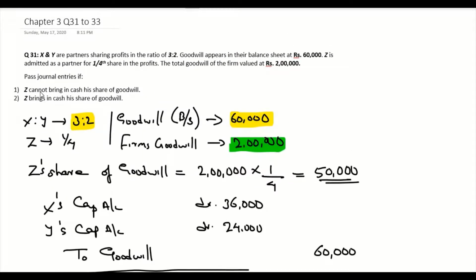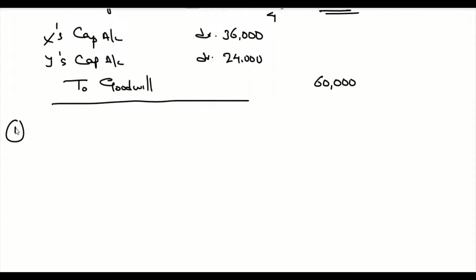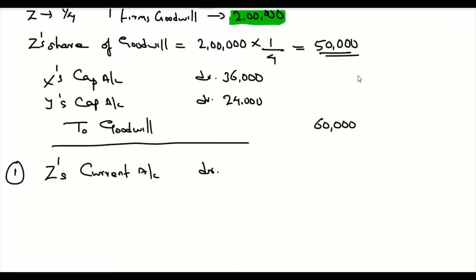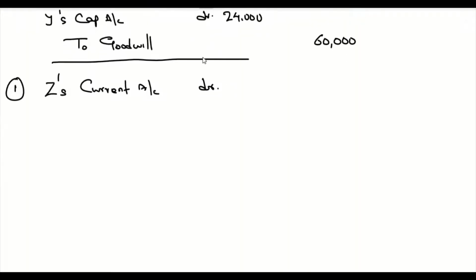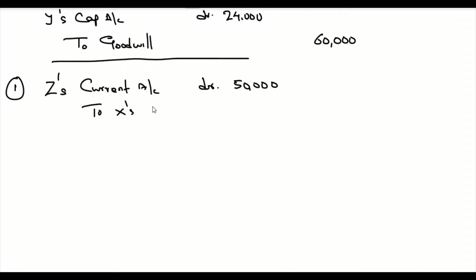In the first case, Z cannot bring in cash as his share of goodwill. So if the new partner is not bringing in cash, his current account will be debited. So Z's current account debit. We already calculated his share of goodwill, which is 50,000, to old partners' capital accounts in the sacrificing ratio.